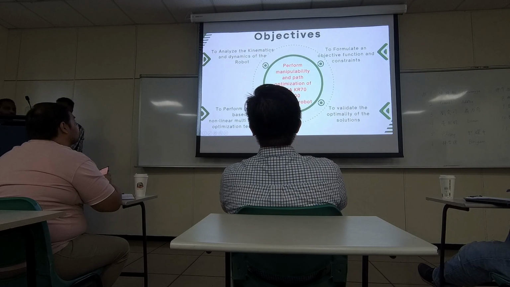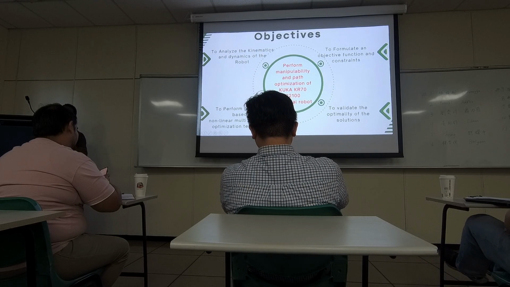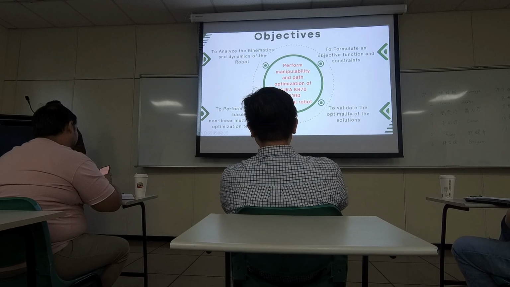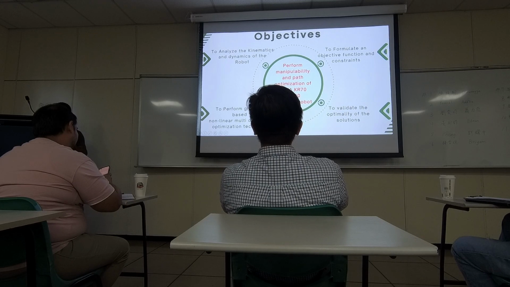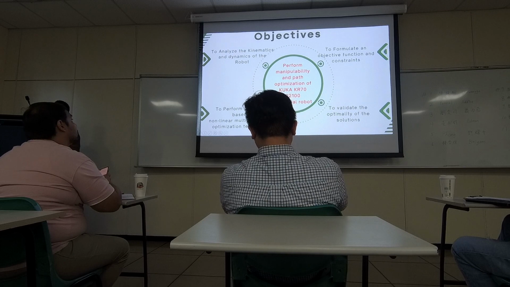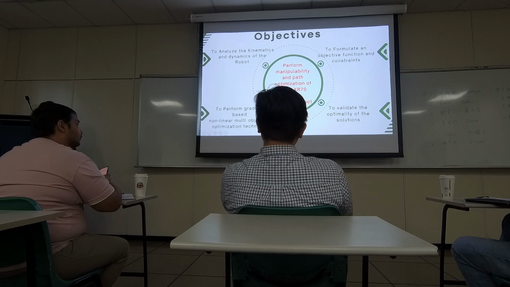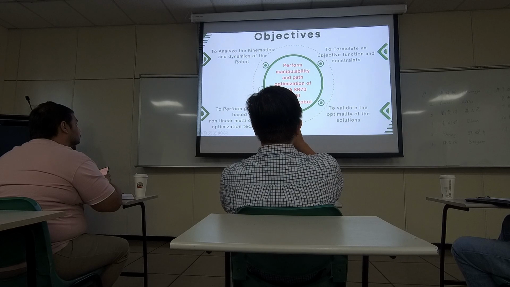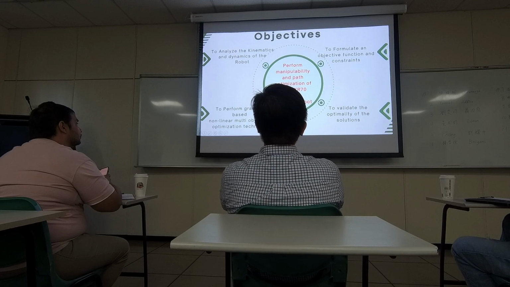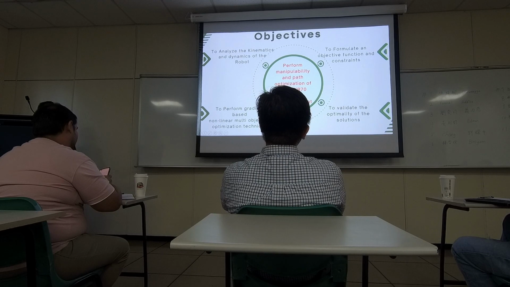Next part is presented by Adisu. Okay. Good morning, everyone. So our main objective is to perform manipulability and path optimization of this Comau KR70 R2100 industrial robot. Through the optimization, we will analyze the kinematics and dynamics of this industrial robot, and we will formulate an objective function and set specific constraints.